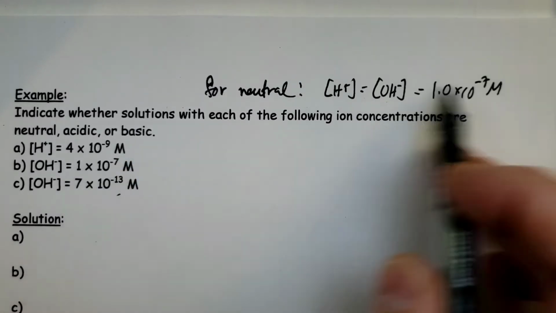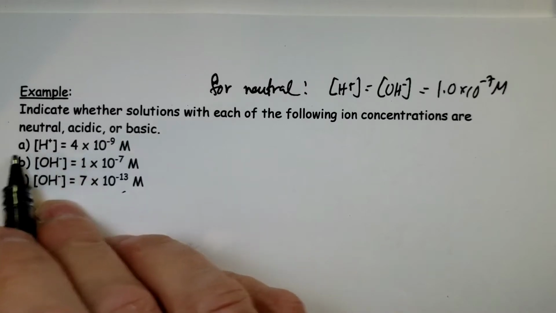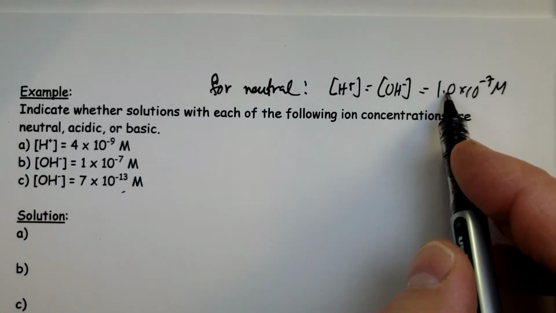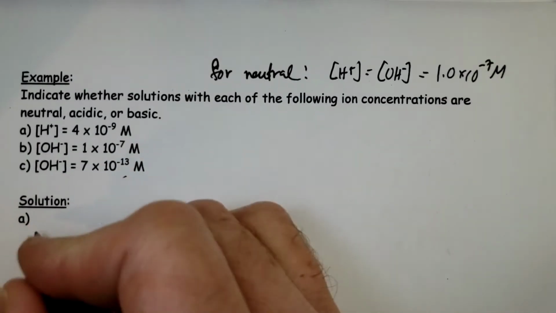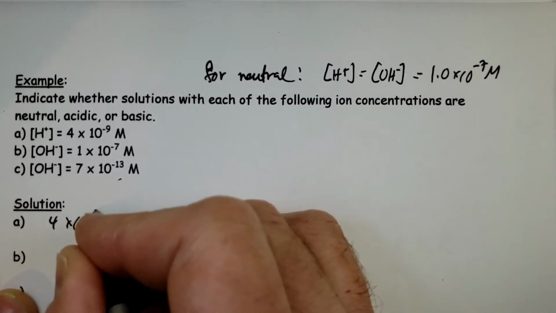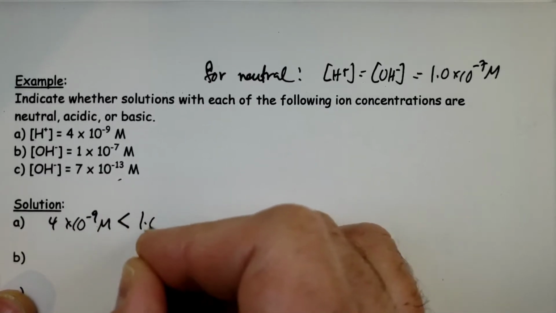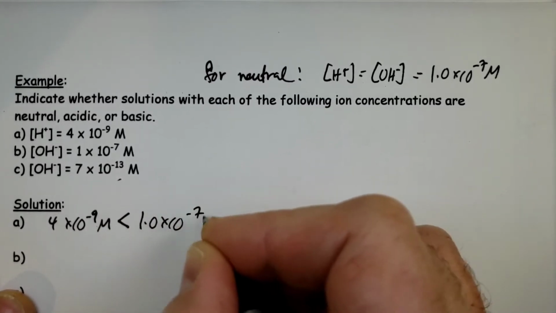Some people see that 9, see that 7, and think, oh, this is bigger. But remember, this minus 9 means that this decimal is 9 places to the left, and this decimal is 7 places to the left. So we can see here that 4 times 10 to the minus 9 is less than 1.0 times 10 to the minus 7.